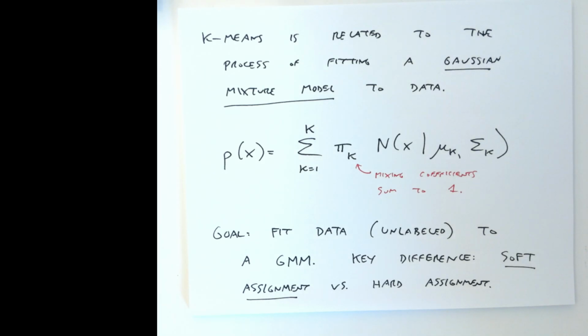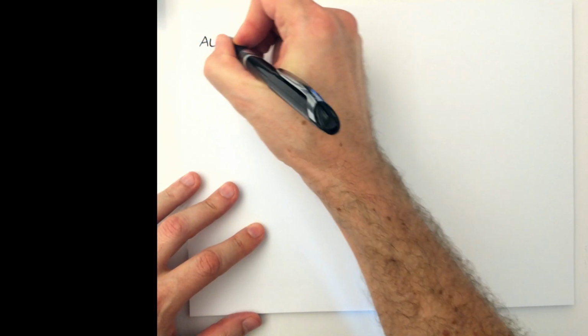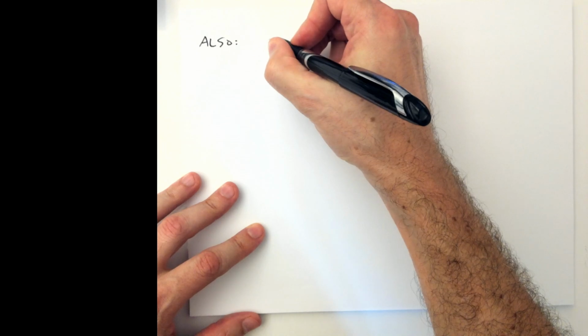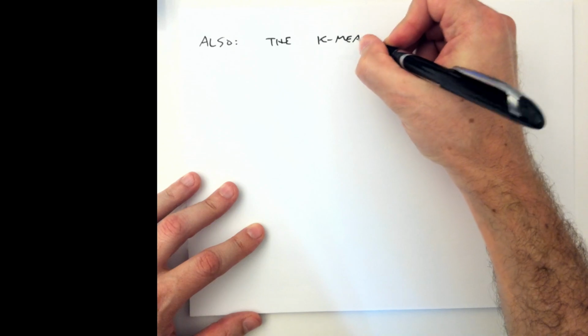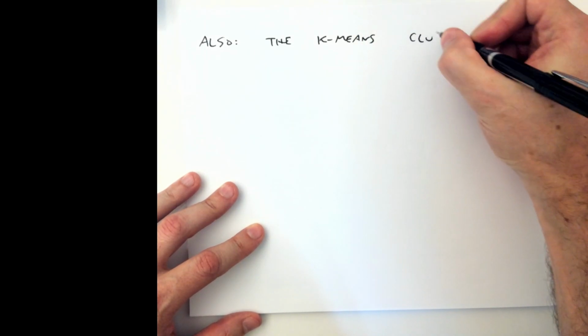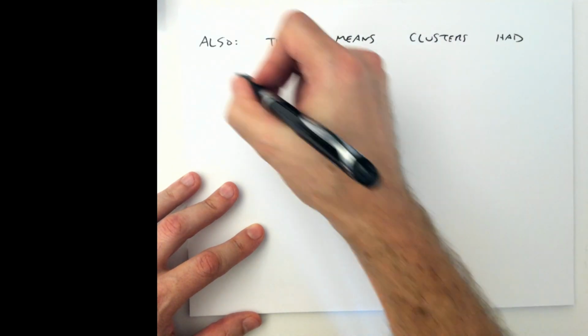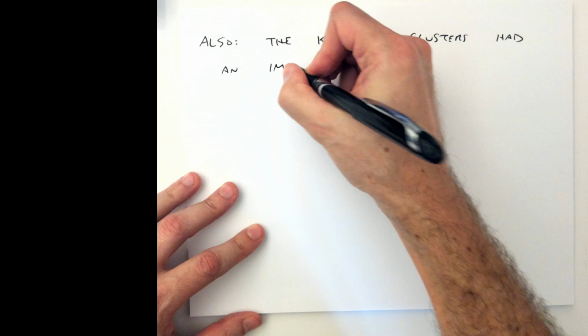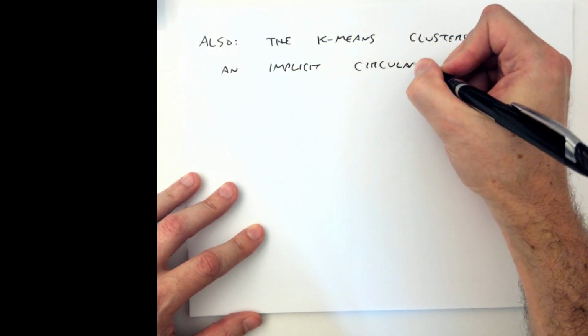So the other thing to realize for k-means is that the k-means clusters had an implicit circular shape.